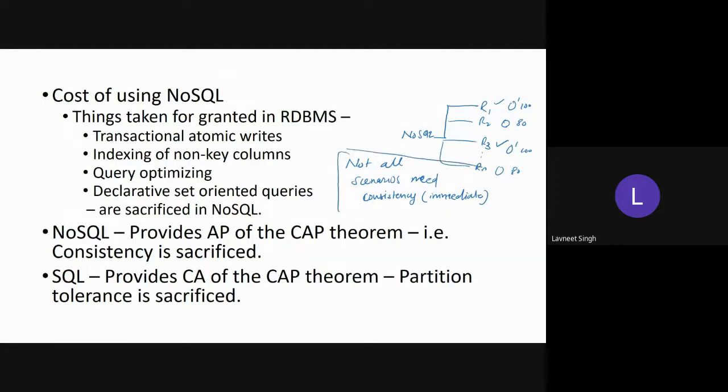So this is the answer to that question: why use a NoSQL database? Not all scenarios need consistency.